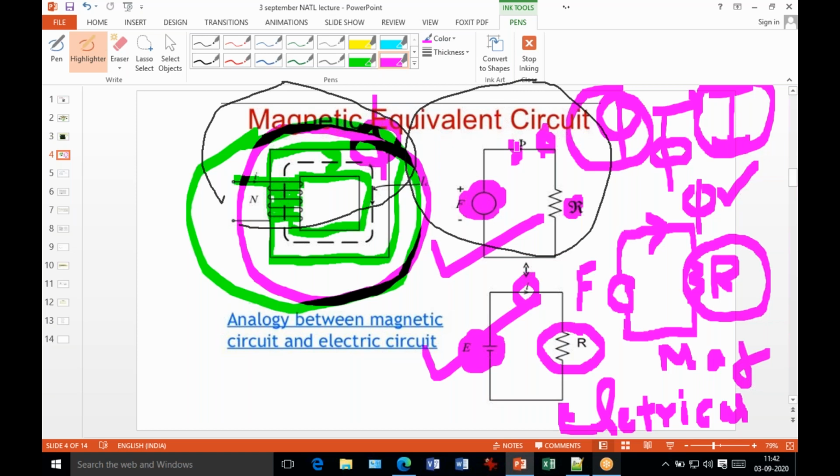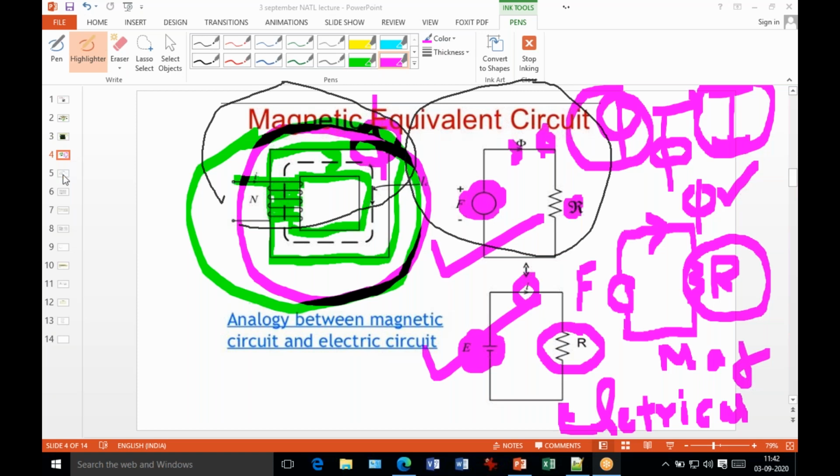Just to correlate the electrical circuit and magnetic circuits, so that you have a clear picture of the magnetic circuit, I have given this representation. Okay, so that is a very basic feature.